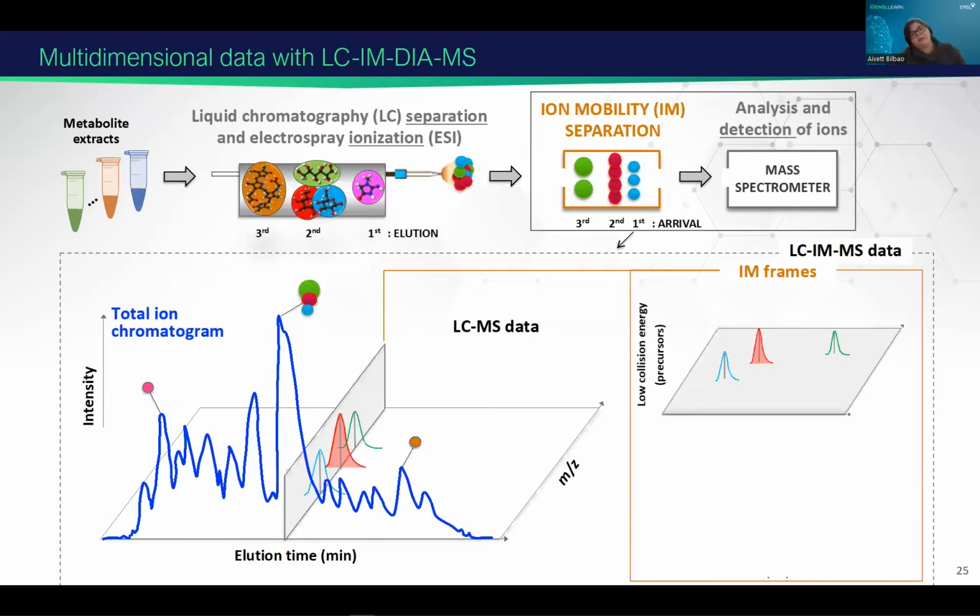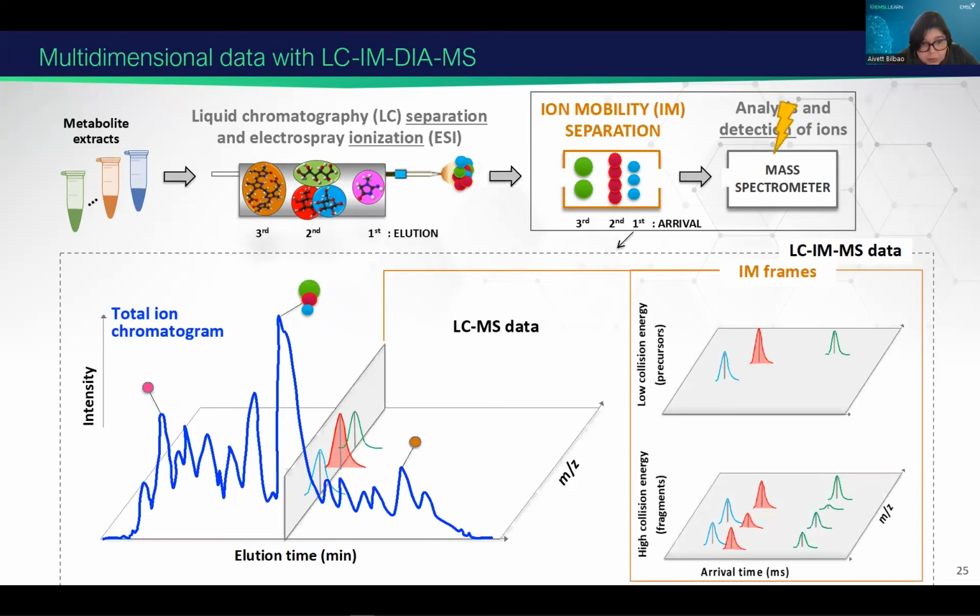Now here at EMSL, we are offering DIA type data collection with LCMS on our instruments, but we also have an extra dimension of separation, a platform where we have ion mobility separation between the LC and the mass spectrometry detection.